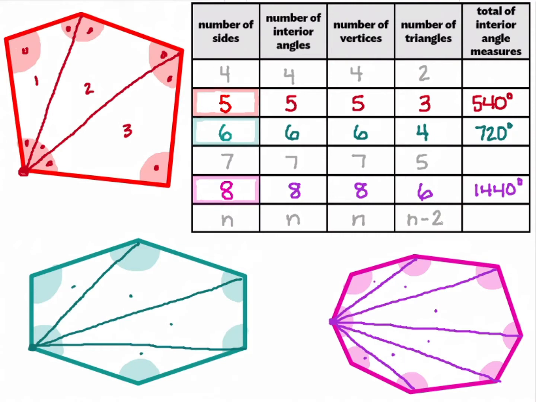And when you take the number of triangles times 180, you get the total of all of those interior angle measures added together. So that's a little formula for finding the sum of all the interior angles in a polygon.